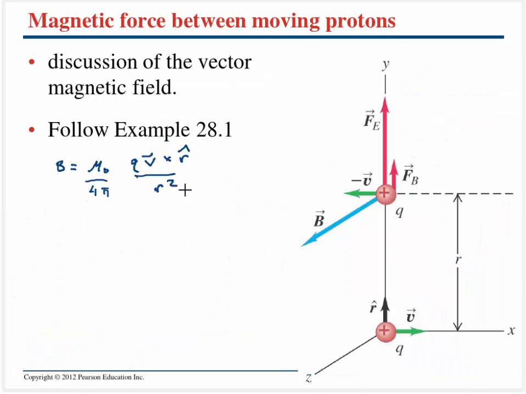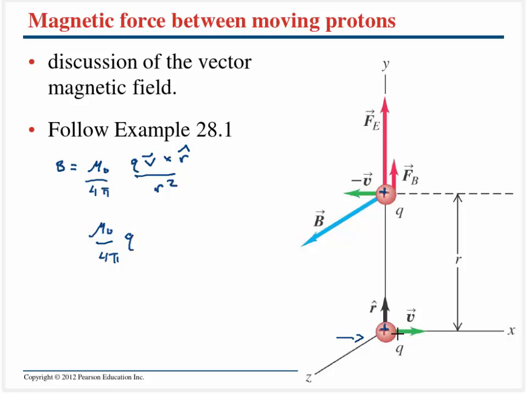So let's take a quick example. If we have two protons that are moving in opposite directions, an upper one and a lower one, let's consider the magnetic field that is generated by this lower one. It's going to have some constants up front, mu naught divided by 4 pi.